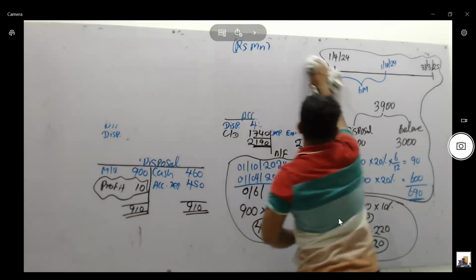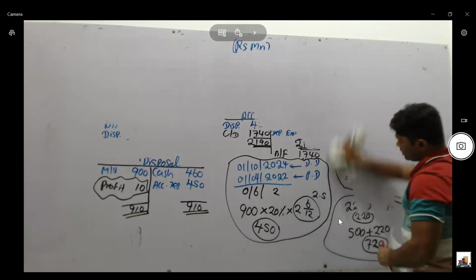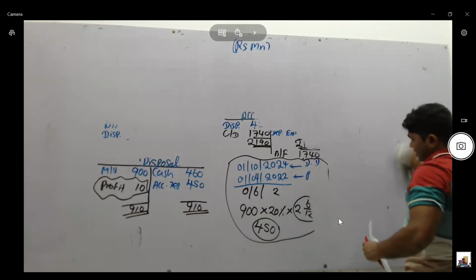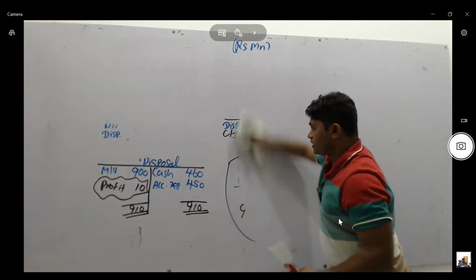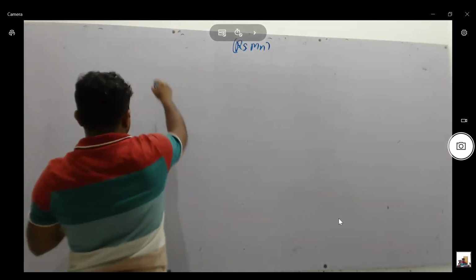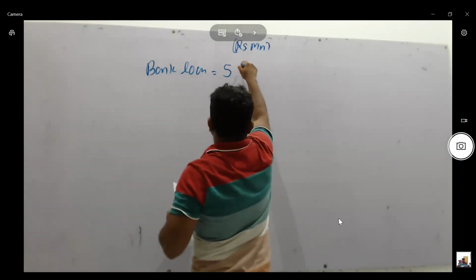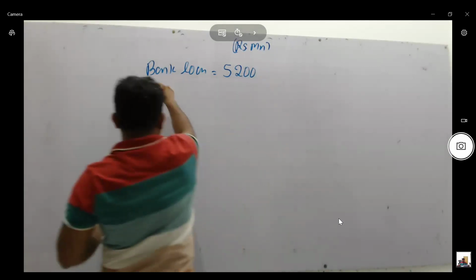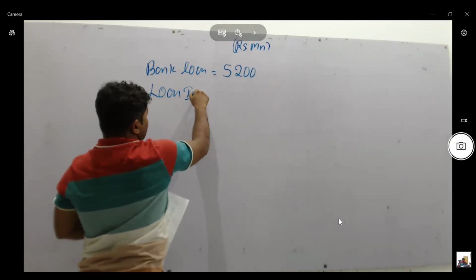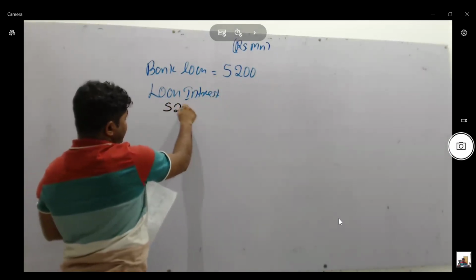Now we are going to discuss how to complete the trial balance. First, consider the bank loan as well as the fixed deposit. The loan interest rate is given as 15%, and the fixed deposit rate is 20%. First, record the given balances. Bank loan: the value given in the trial balance is 5,200. Then loan interest: you have to calculate it as 5,200 into 15%.